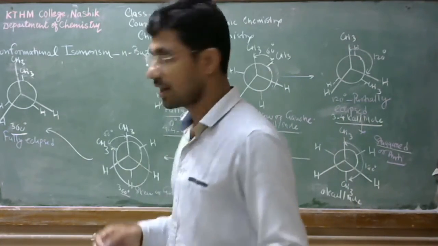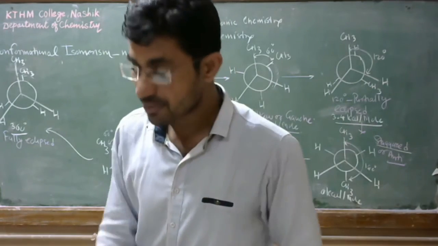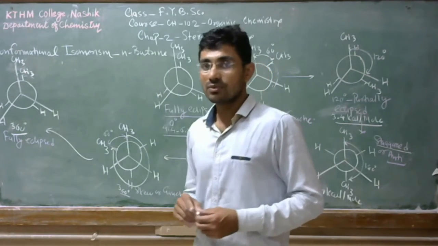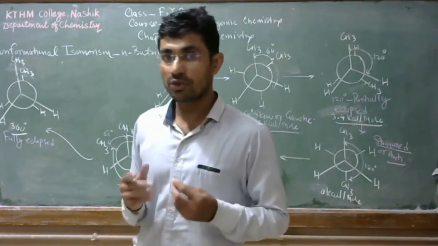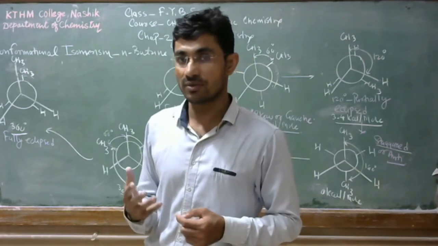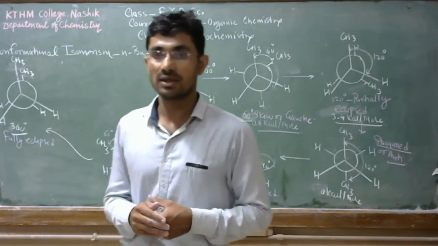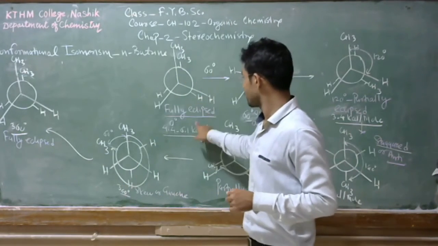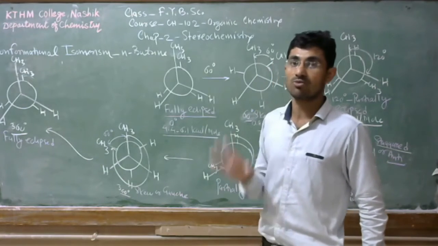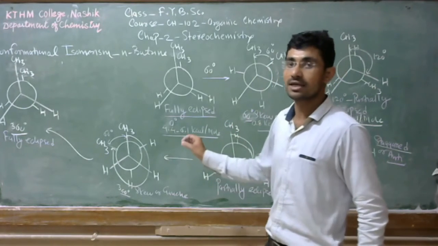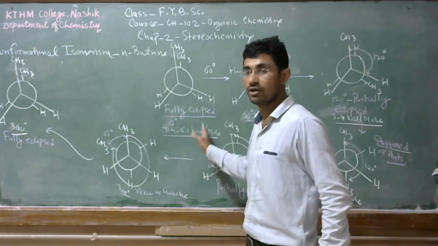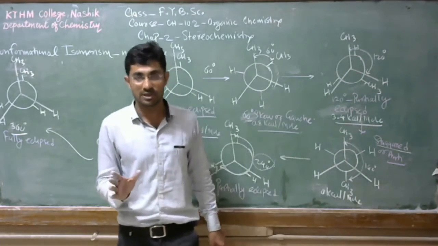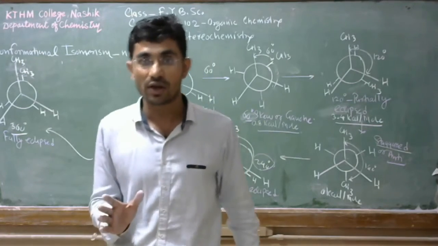In this way we can talk about the conformations possible in the n-butane molecule, and also about the energy content of each. The fully eclipse conformation is the most unstable, most unfavorable conformation, with energy content of 4.4 to 6.1 kilocalorie per mole. And the anti or staggered conformation is the most stable conformation, with energy 0 kilocalorie per mole.